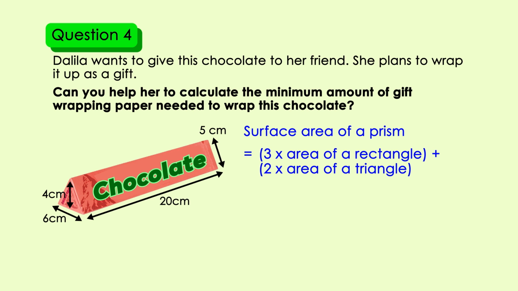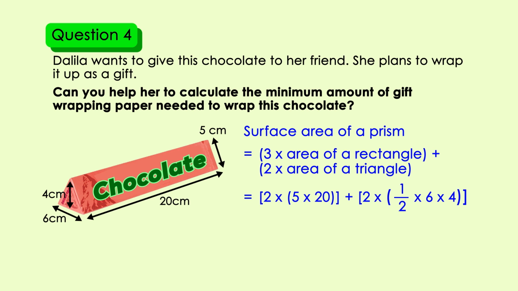Substitute the values into the equation. 2 multiplied by 5 times 20. Add 6 times 20. Add 2 multiplied by half times 6 times 4.